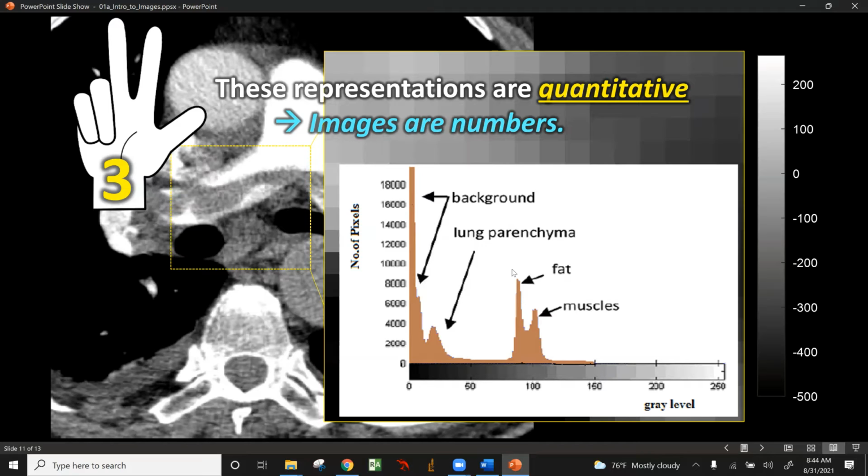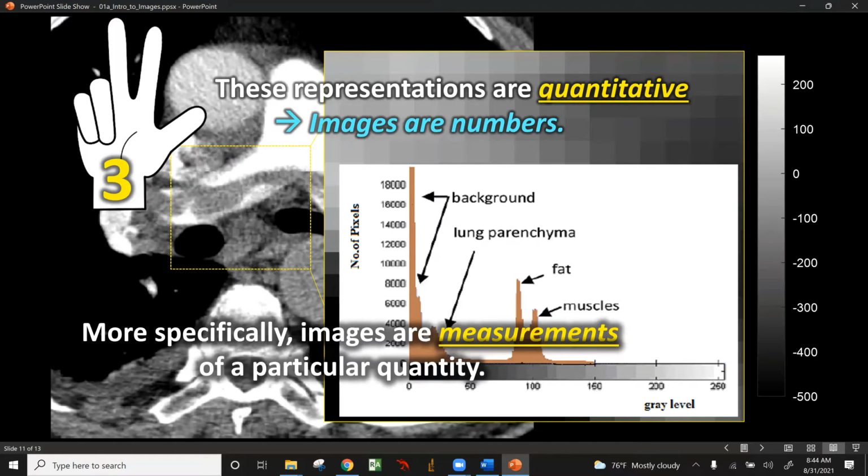And you see that in CT, different tissues with different linear attenuation are represented here. There's some background like air. The lung parenchyma are a little bit more dense, fat, muscles, and then what's up here in the highest end tails of the histogram? Bones, that's right. So images are numbers, and more specifically, they're measurements, right, of a particular quantity.